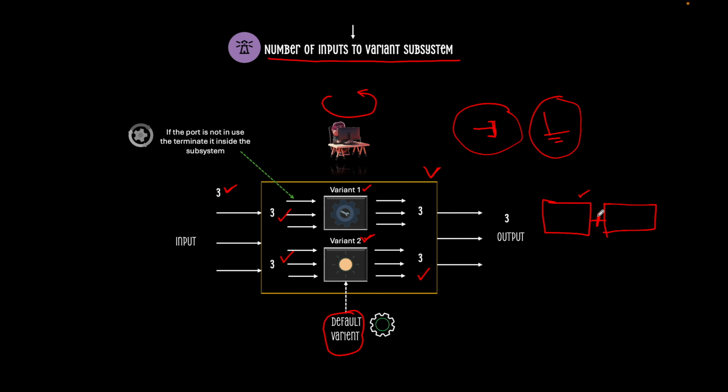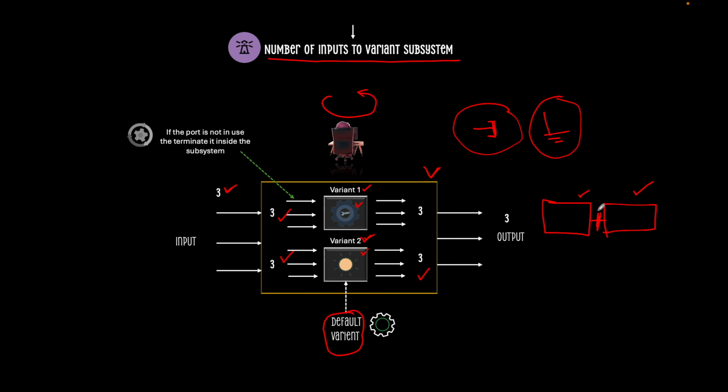If the trailer is attached, then variant subsystem 1 will get activated. If it is not attached, then variant 2 will get activated. With the help of the variant subsystem, you can control the vehicle with different control logics. That will be more useful when you use the variant logic.